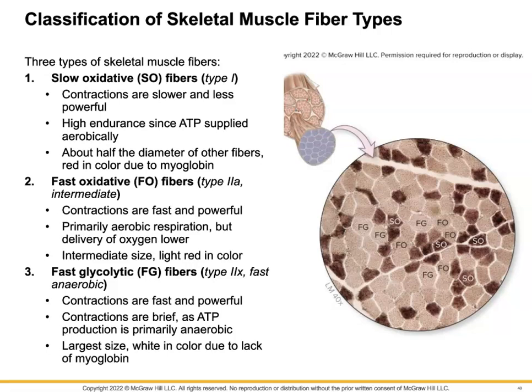So this provides power and speed. However, there's a downside to that. Because of the power and the speed, they can only contract for short periods of time because ATP is provided by glycolysis. So these fibers appear white because of the very little amount of myoglobin and mitochondria.